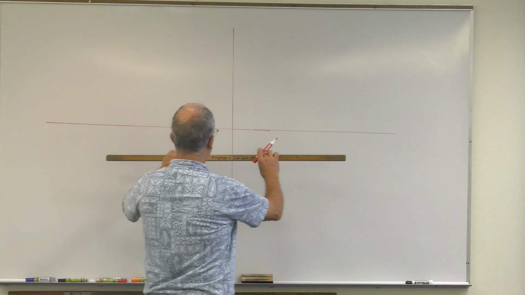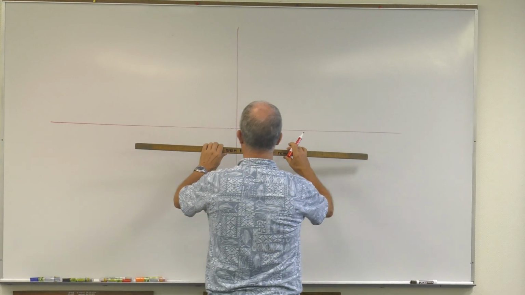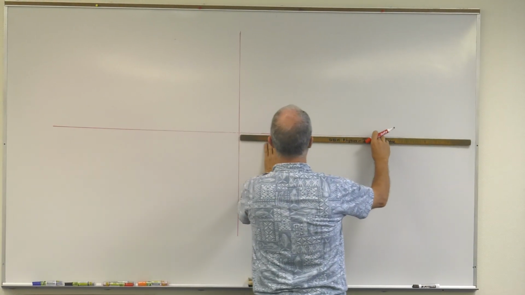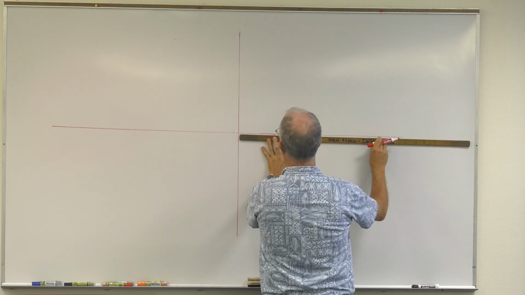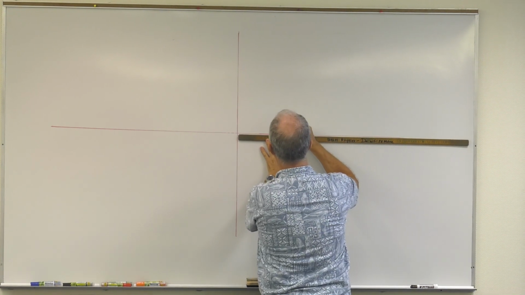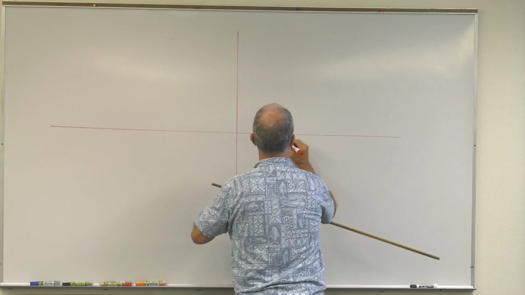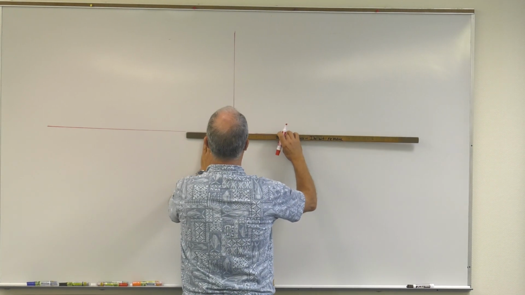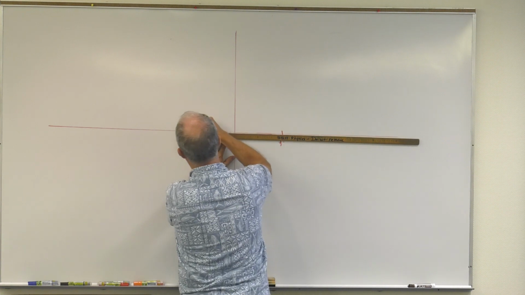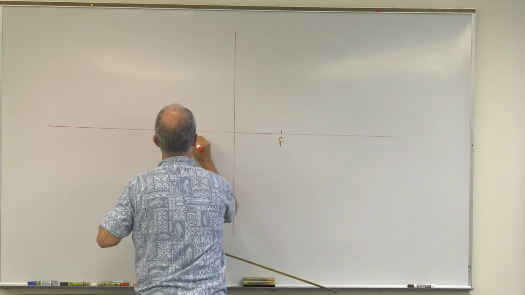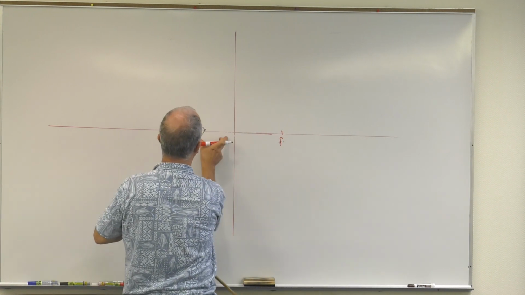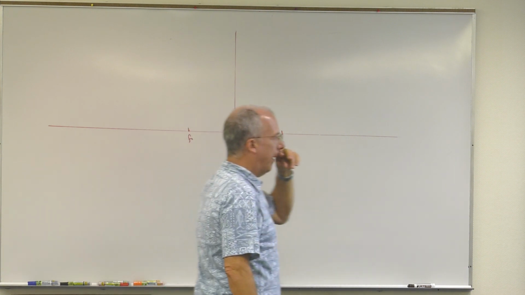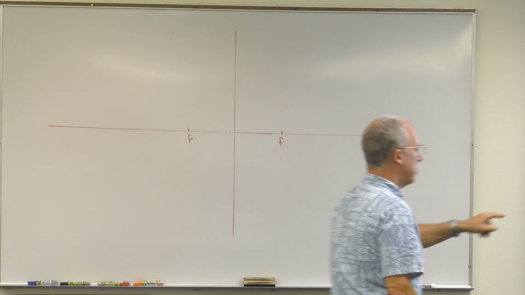All right, so I'm going to just, oh, this is a horrible ruler. So that's 10 centimeters that way, and that's 10 centimeters. That's 10 centimeters. All right, and then this is the object.